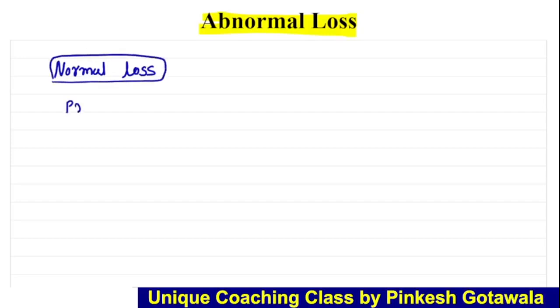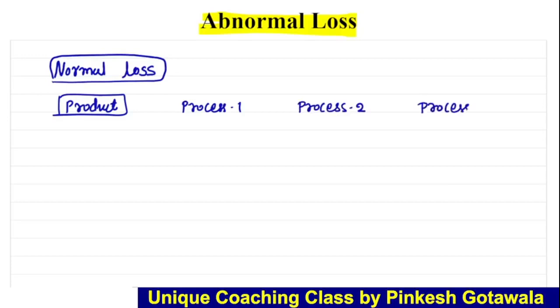Suppose in a factory you are going to produce a product and you know that it will pass through three processes: process 1, process 2 and process 3.